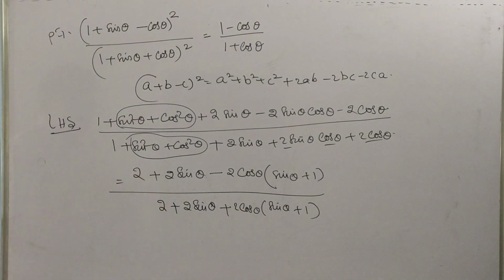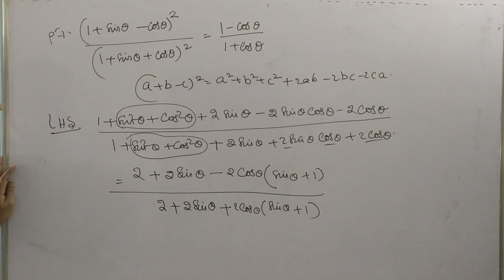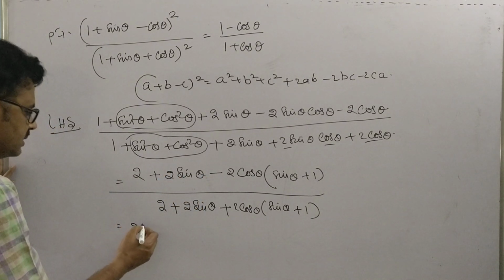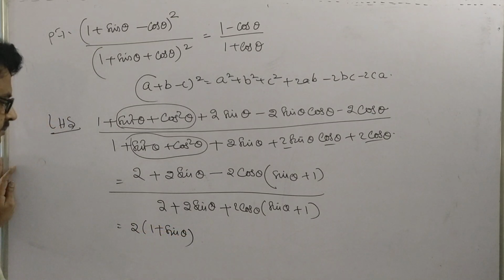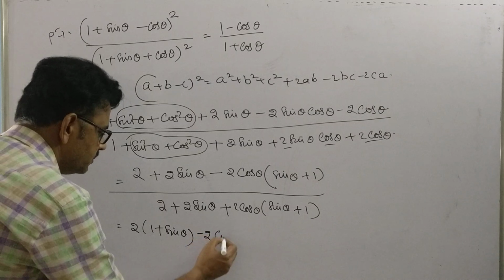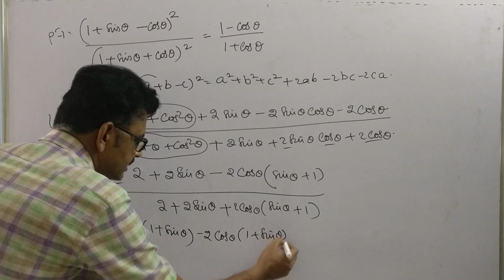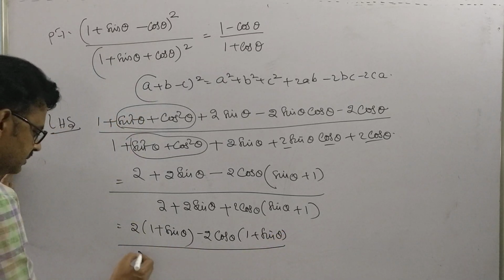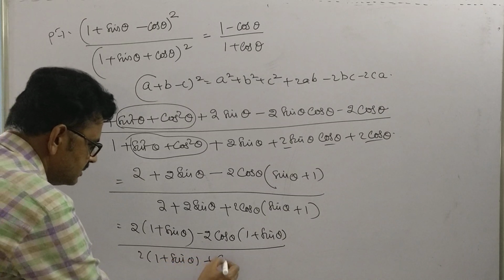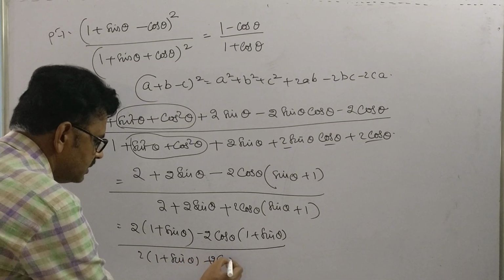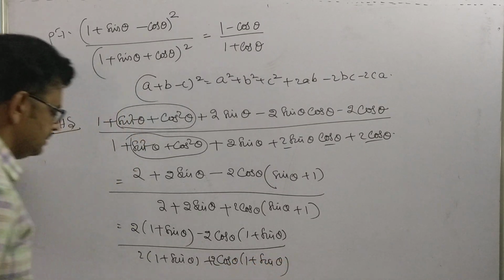In this also, you can take 2 common: 2 into 1 plus sin theta, minus 2 cos theta into 1 plus sin theta, by 2 into 1 plus sin theta, plus 2 cos theta into 1 plus sin theta.